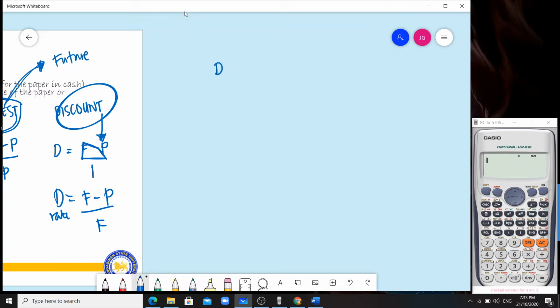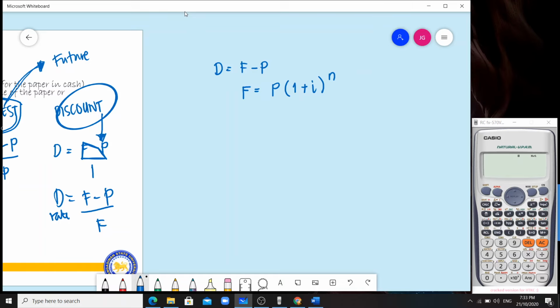Sabi natin kanina, D is equals to F minus P. Tapos, F, di ba meron tayong formula nito na P times (1 plus I) raised to N. Okay?